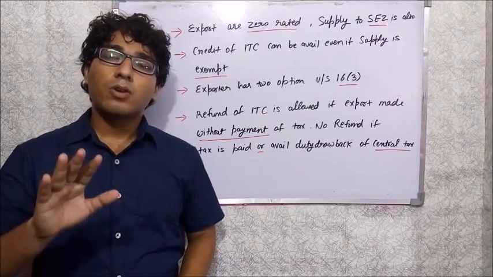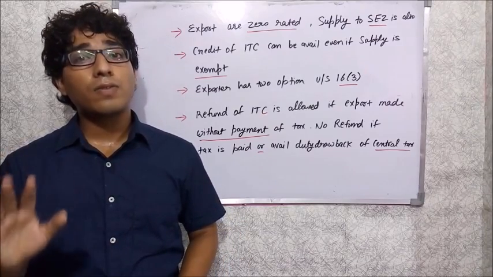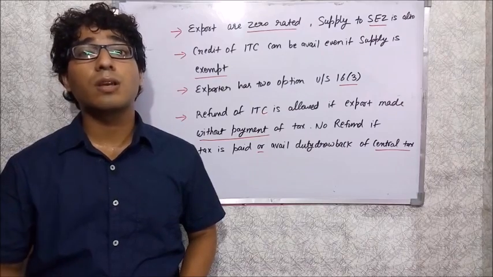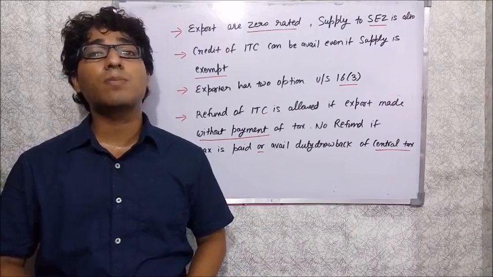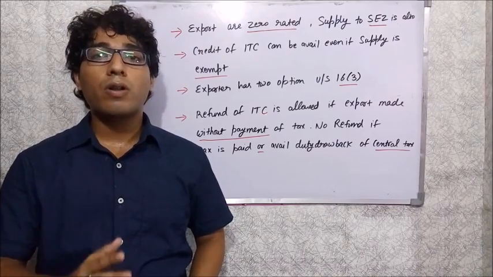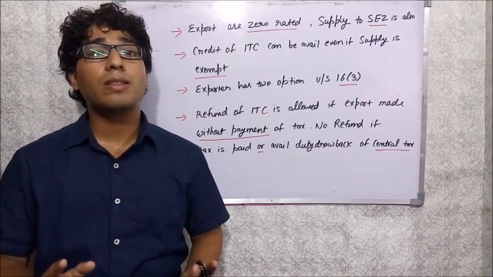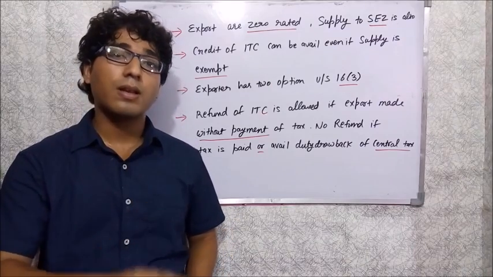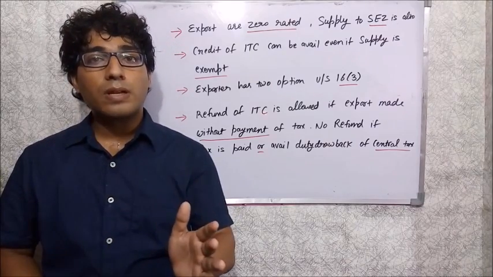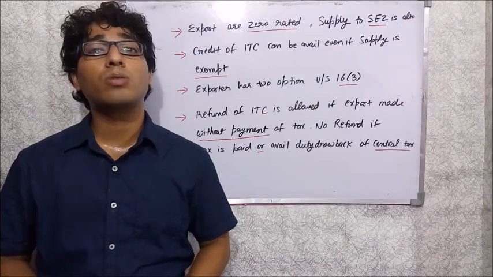But the government also wants some kind of security, safety or procedure to make sure that the product is actually being exported out of India. So for ensuring that, they gave you two options in which you can export your goods out of India.